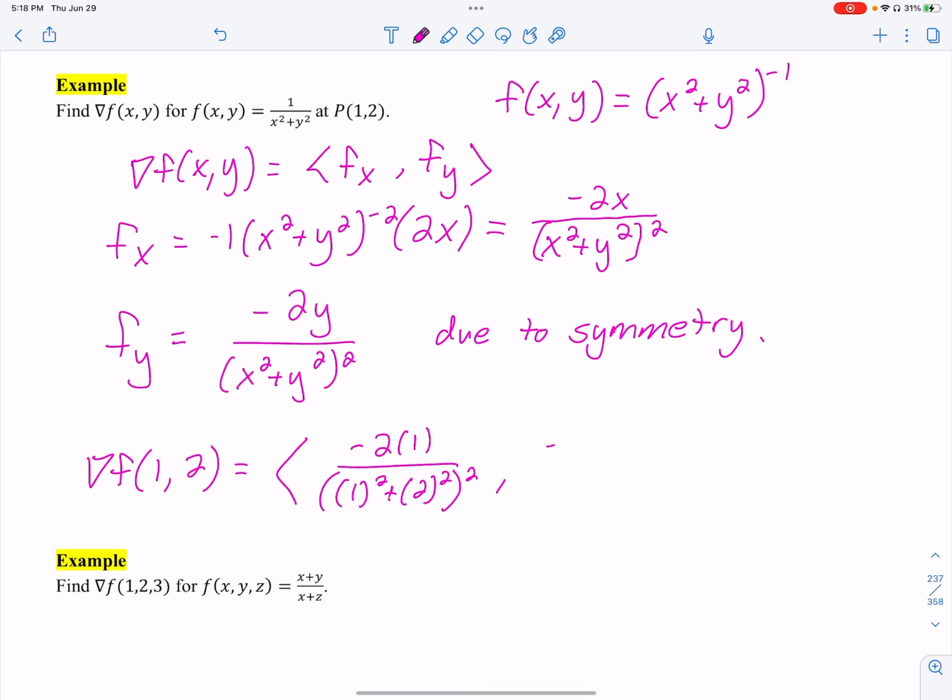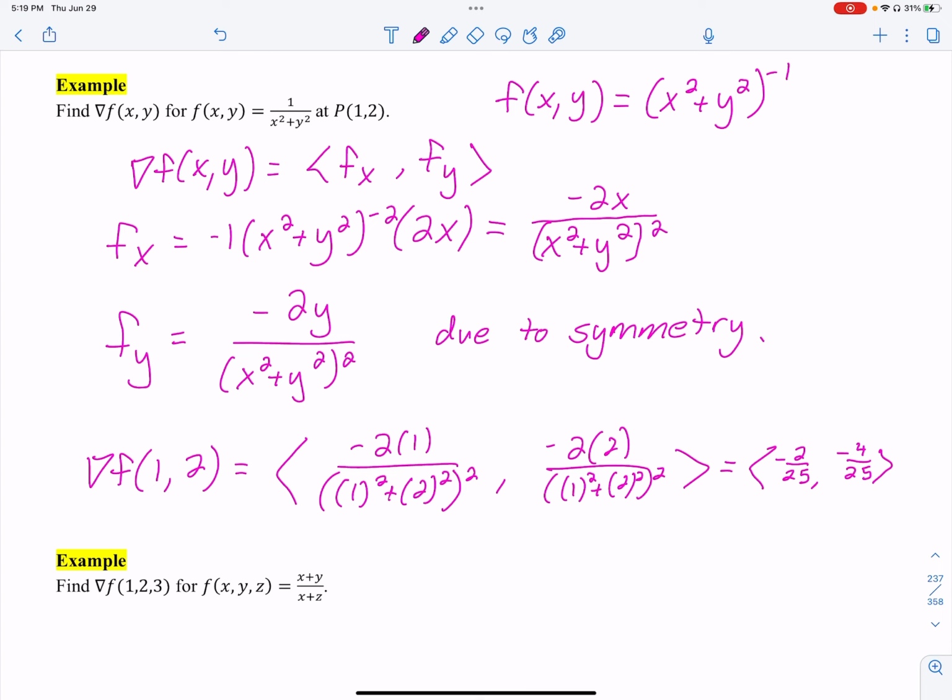Then the second is going to be -2 times 2 over that same thing. So the gradient is equal to, okay, the bottom is going to be 1 squared plus 2 squared. That's 25. So I got -2 over 25. And then I got -4 over 25.